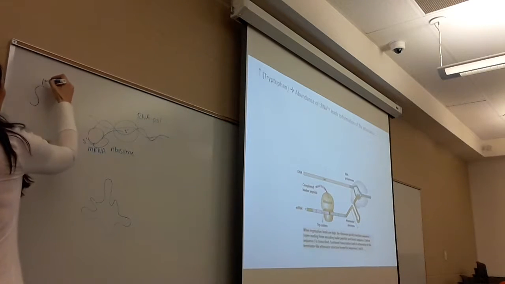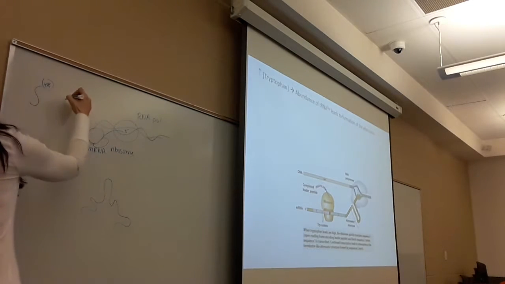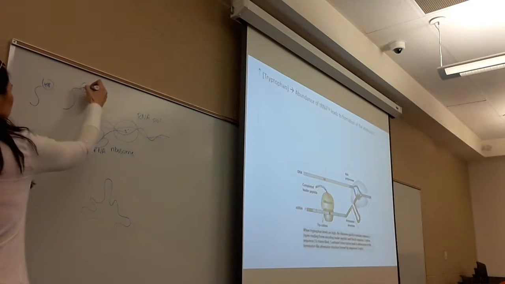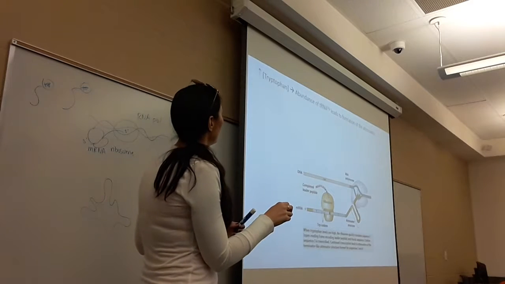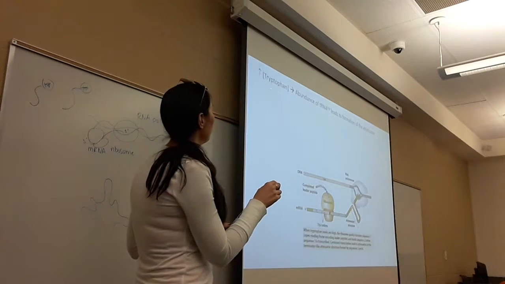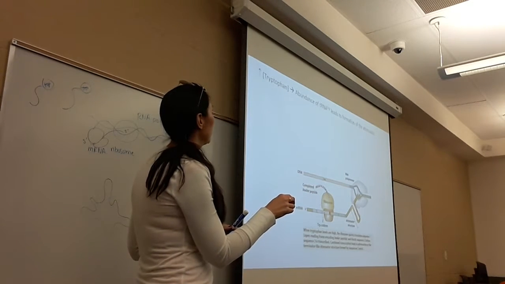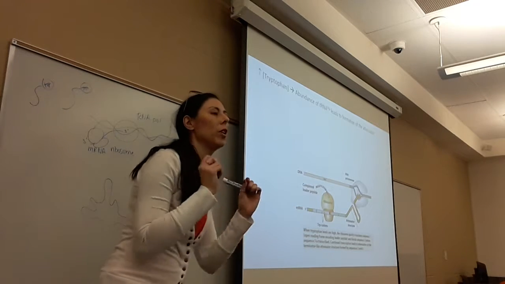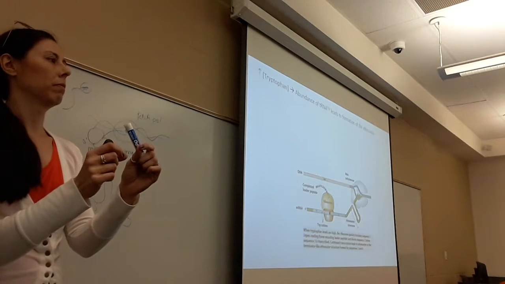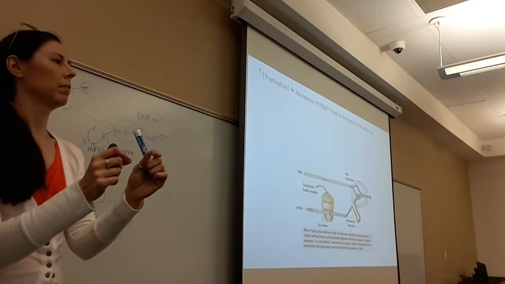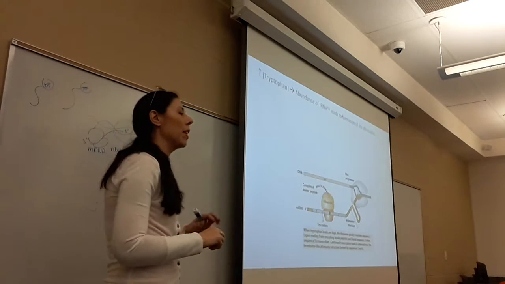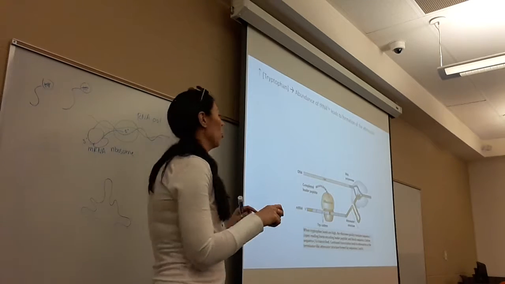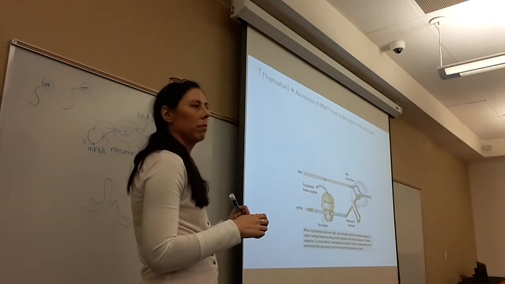So if there's plenty of tryptophan, and plenty of tRNAs for tryptophan, then we don't need to make any more tryptophan. These genes are responsible for making tryptophan. We've got plenty, we don't need to make any more. So we want to stop this from happening.